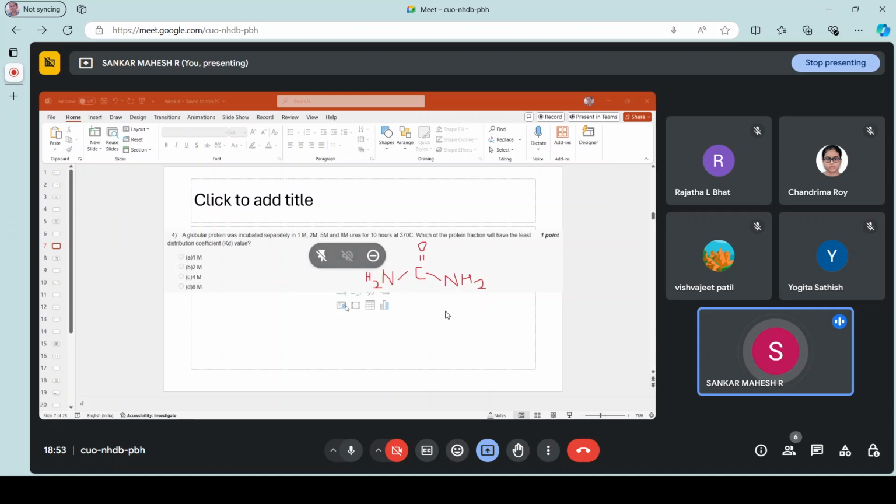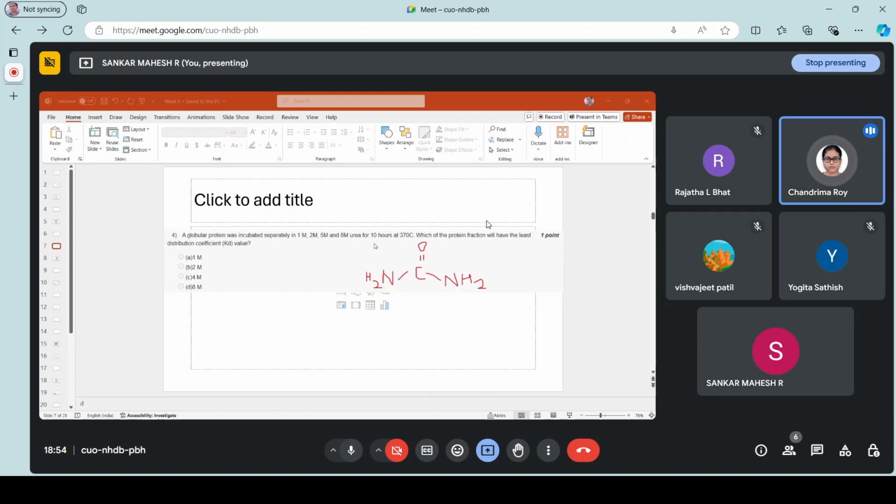At which concentration given here, 1 molar, 2 molar, 5 molar, and 8 molar urea, will you have some protein that is folded? Sir, it will be highly folded in 1 molar urea, and it is least folded in the 8 molar urea. Right. Okay, good.